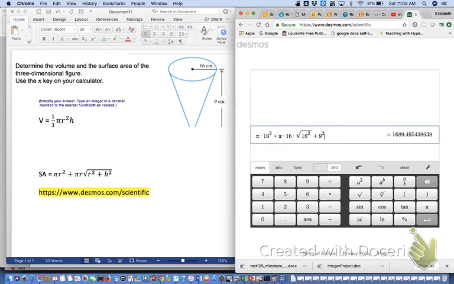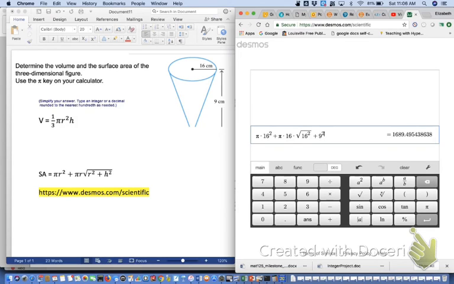Now notice that this does not look like my formula because the 9 squared is not underneath the square root symbol like it should be in my formula. So if your problem looks like this in your calculator, you are not going to end up with the right answer because the 16 squared and the 9 squared both need to be underneath the square root.